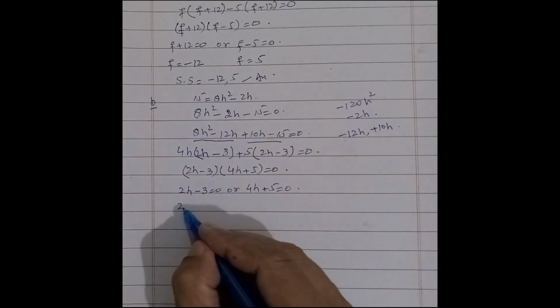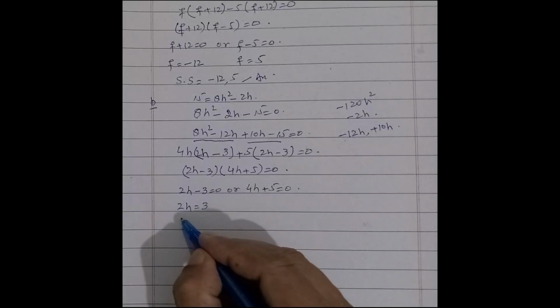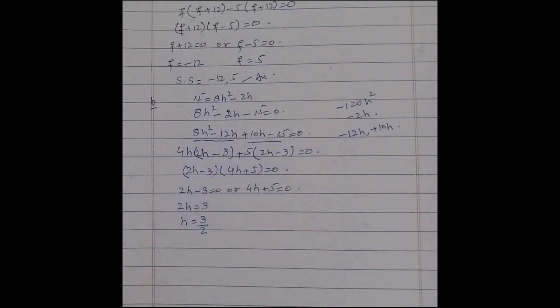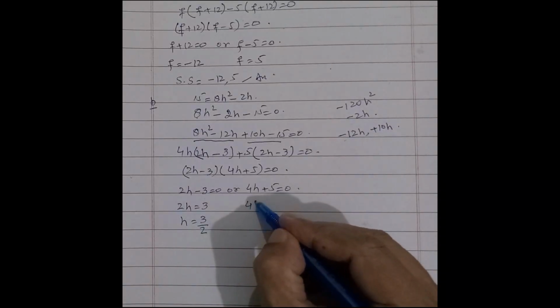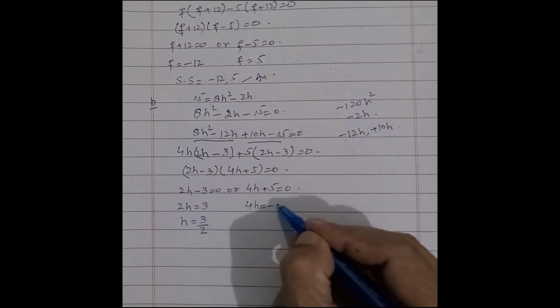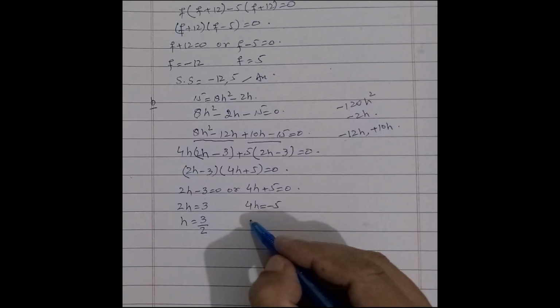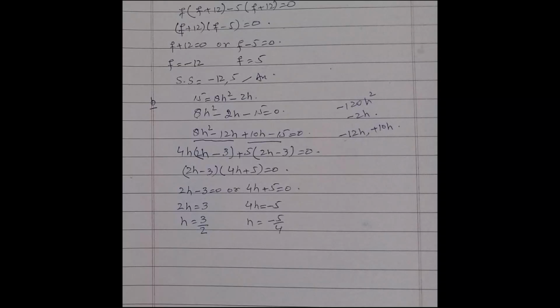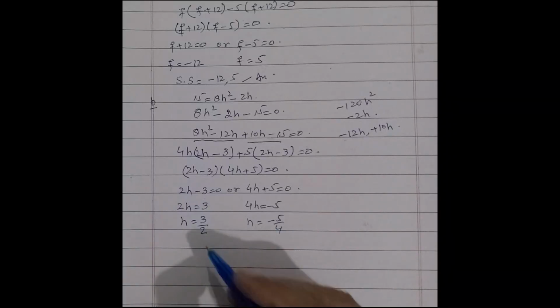The first one, 2h is equal to 3 and h is equal to 3 over 2. And the other value is 4h is equal to minus 5 and h is equal to minus 5 over 4. These are the two values of h, which are 3 over 2 and minus 5 over 4.